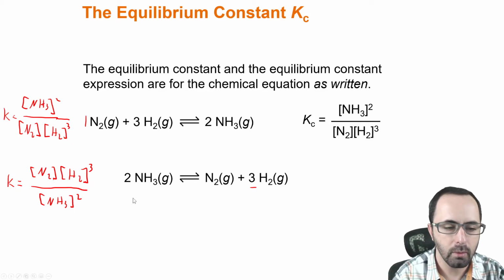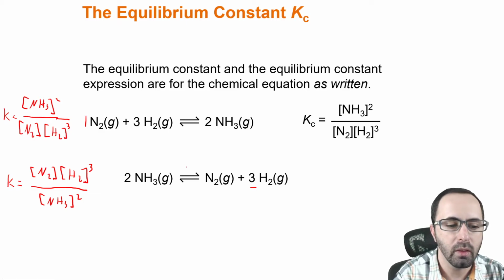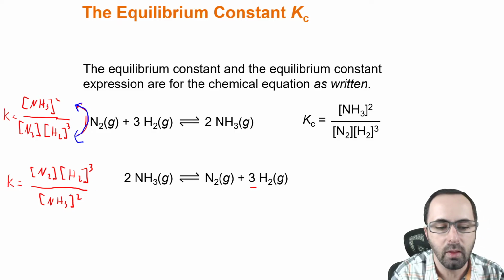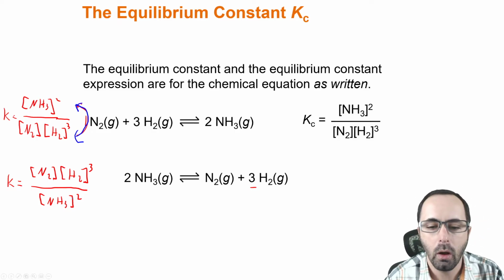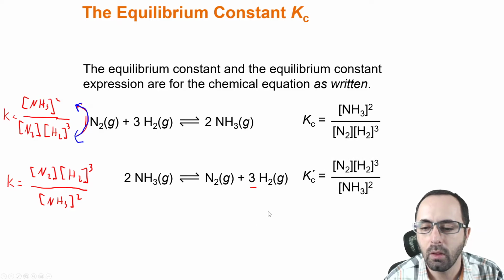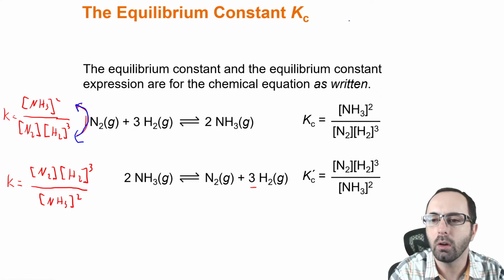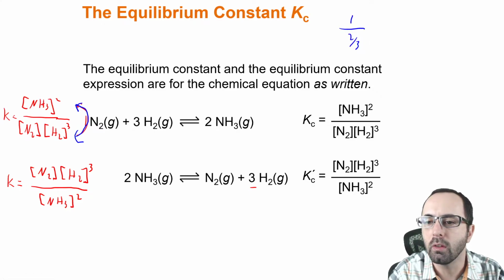What we've done here is we've flipped this upside down. If we take this and we flip it, whoop, whoop, we get this right here. And so the way to calculate the new K here is just to do 1 over the fraction. It's like if you have 1 over 2/3, that is equal to 3/2, right?